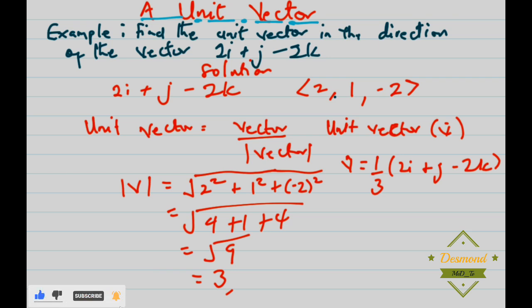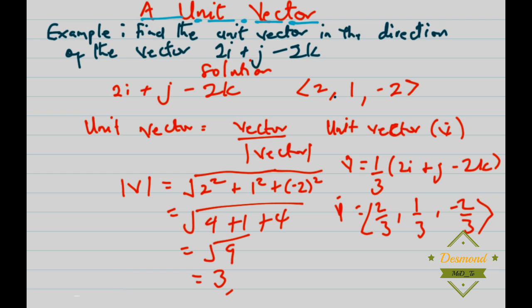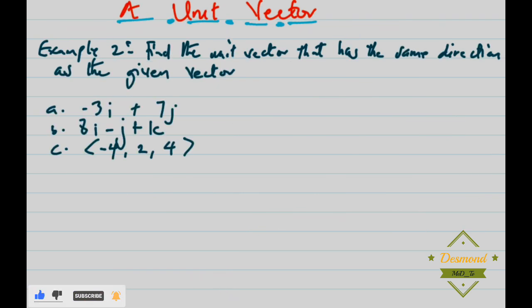You can simplify it to get 2 over 3, 1 over 3, negative 2 over 3. And this is our unit vector. Very simple. Let's take another example.